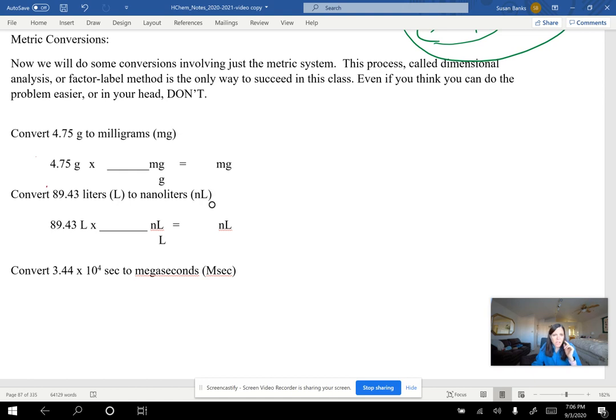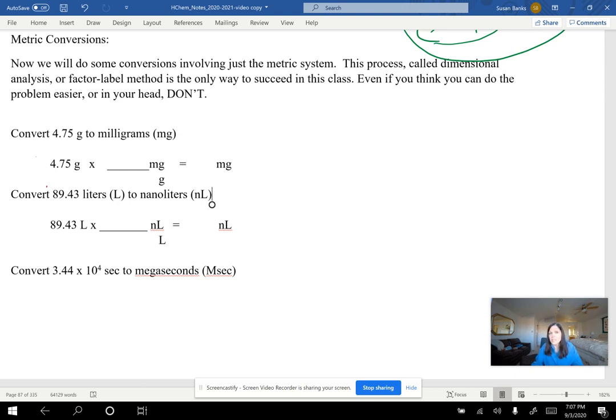So you're going to see on these first couple that a lot of it is something that your teacher probably before asked you to just move the decimal place either to the right or to the left. And you very well can do things that way, but I want you to get in the habit of setting up the dimensional analysis the way I have it here, because in the end, when we get further along, kind of like when you did with algebra and you first got a basic equation that you could do in your head, eventually you got to equations that you couldn't do in your head.